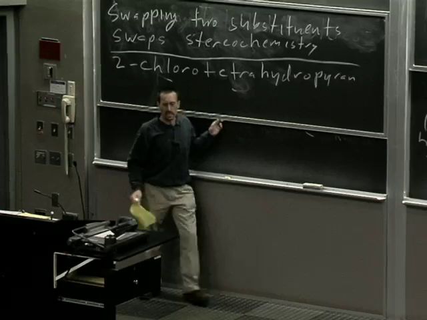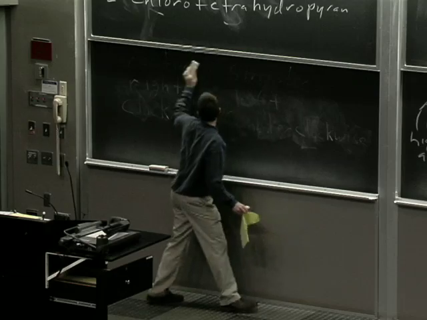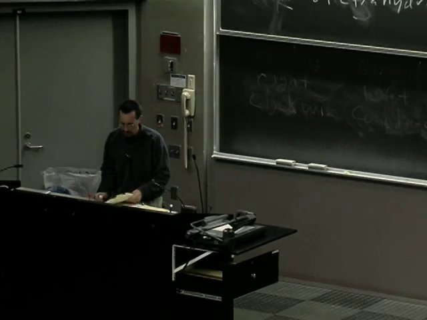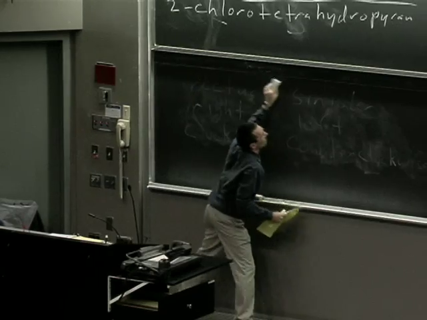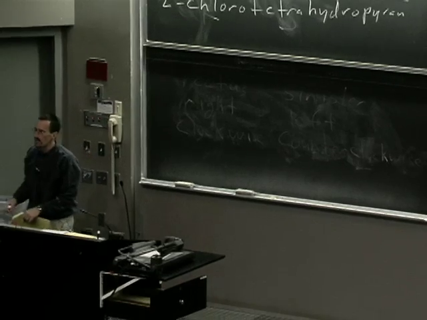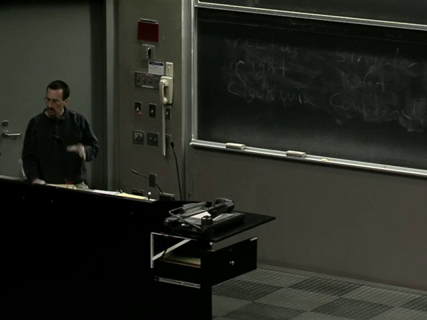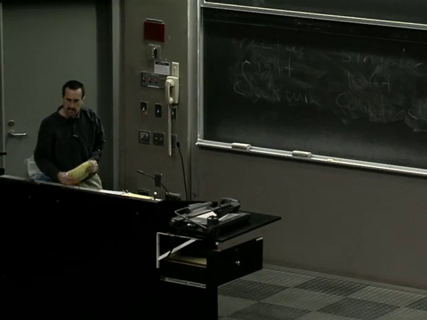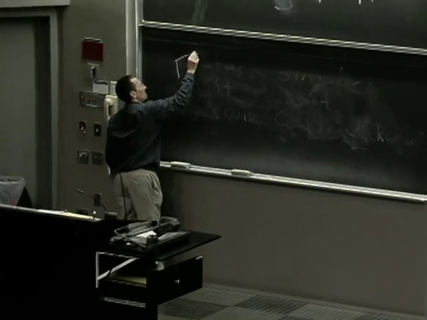And just like we did with 2-butanol, we're going to determine whether the drawing that I'm about to make is R or is S. We're going to assign the absolute stereochemistry. So tetrahydropyran is a 6-membered ring cyclic ether containing 1 oxygen.